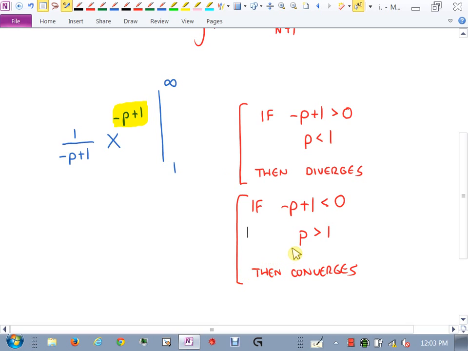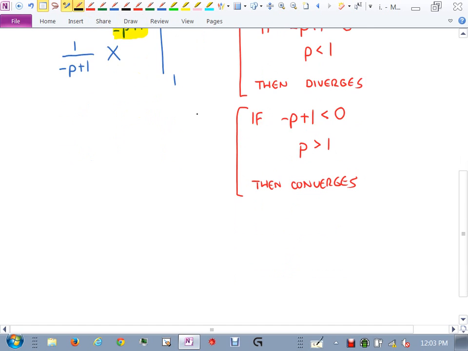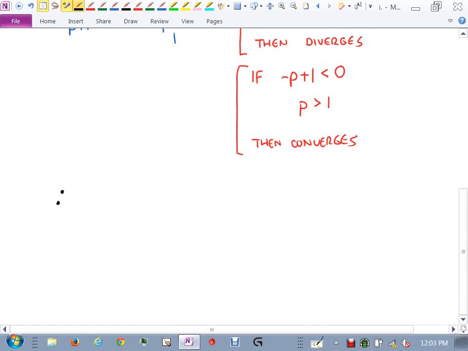So, in summary of all of this, therefore, the integral from 1 to infinity of 1 over x to the p dx converges if p is greater than 1 and diverges if what?